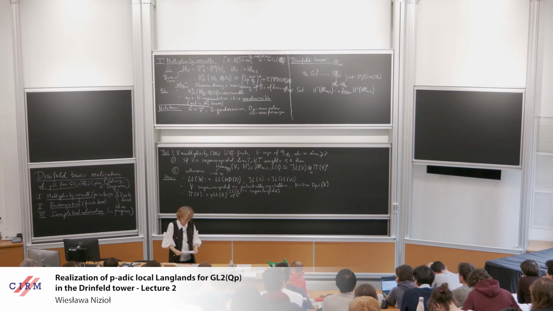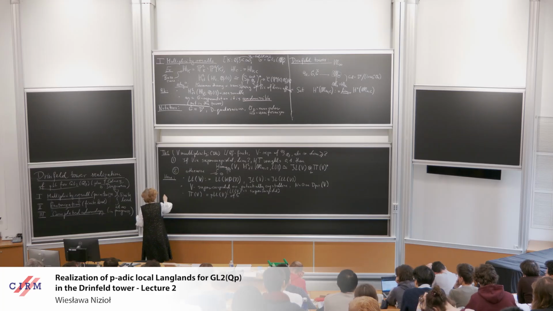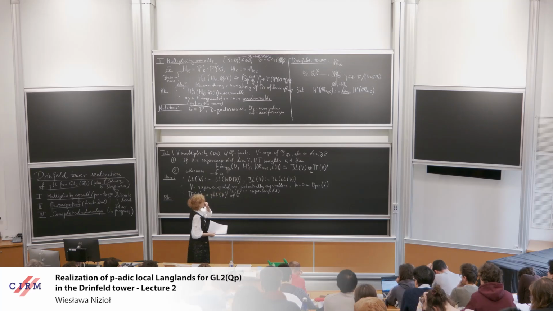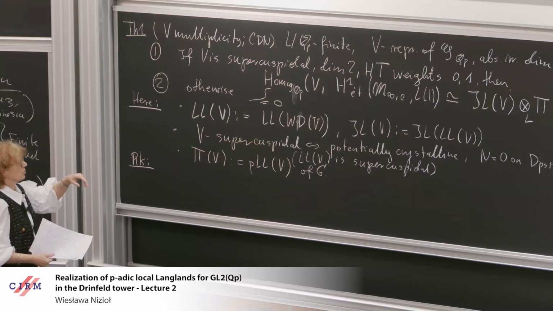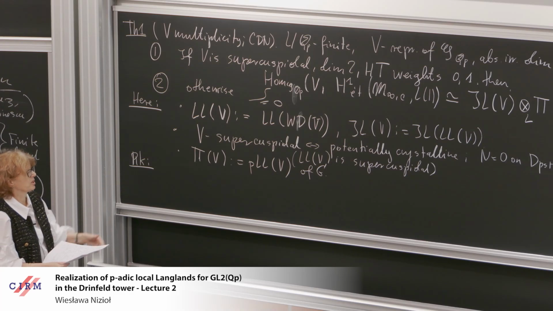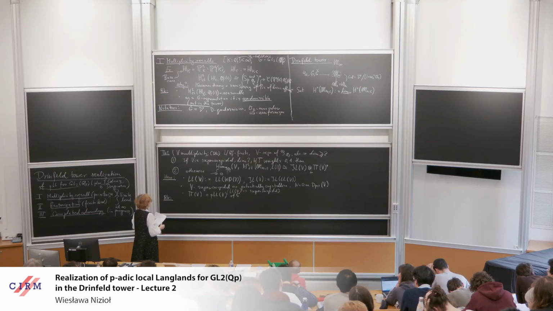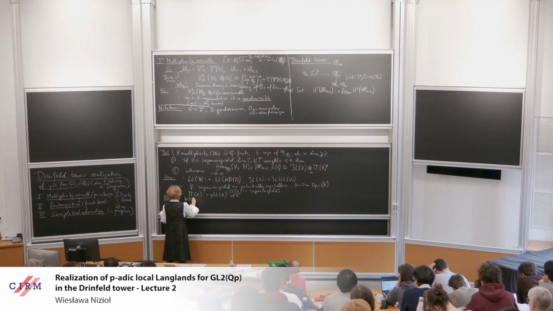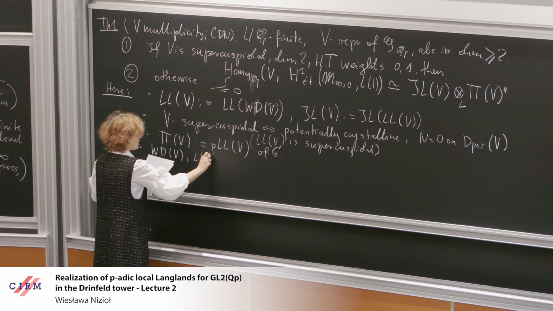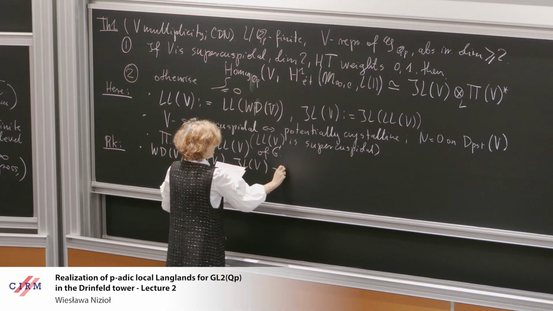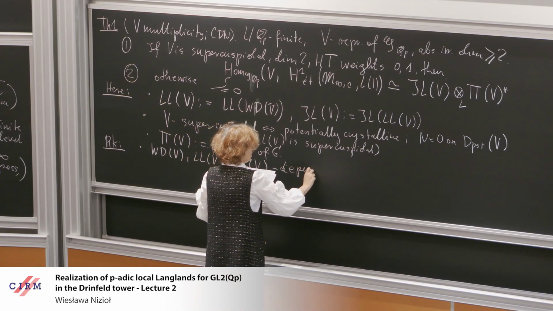Okay, so maybe I add a couple more remarks here. We have this D_pst here. So from the p-adic theory point of view, we have D_pst and we have the filtration. Some things here depend only on D_pst, and some really need the filtration. So the Weil-Deligne and local Langlands depend only on D_pst.